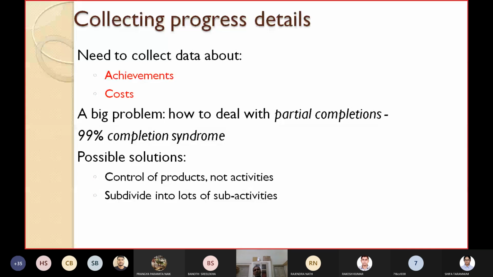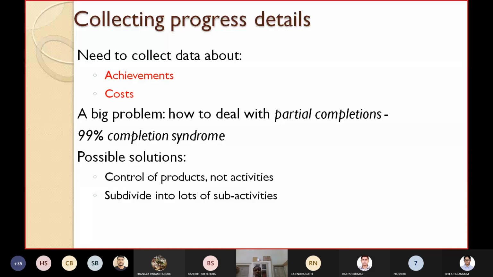So anytime you go, they will say that 99% is complete and only 1% is left, because they are not able to complete the project. And if the project is not complete, they cannot give all the data regarding the project. This is known as the 99% completion syndrome. So a big problem in collecting progress details is how to deal with partial completions, and that problem is known as the 99% completion syndrome.